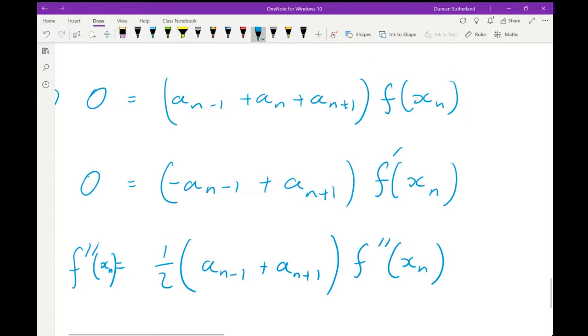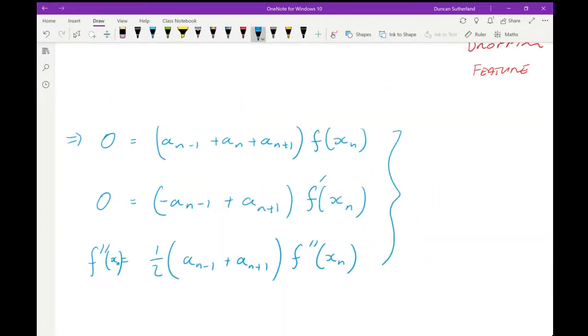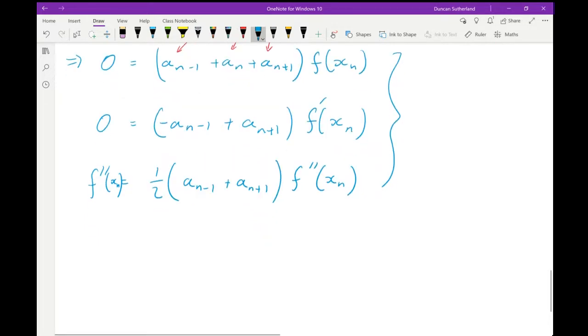So this is now a set of equations that we're working with. These are 3 simultaneous equations for the a's. Now, we can obviously just knock out the f's, the f prime and the f double prime, to obtain the following system. a n minus 1 plus a n plus a n plus 1 equals 0. a n plus 1 minus a n minus 1 equals 0.